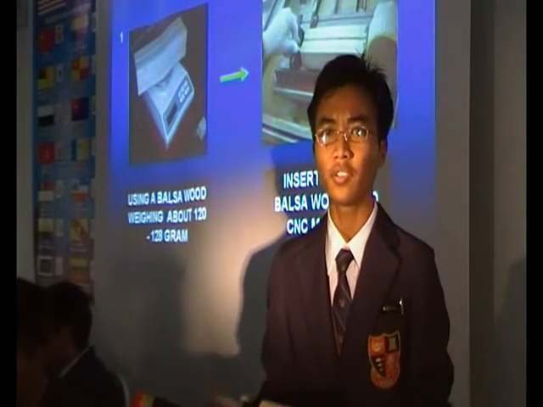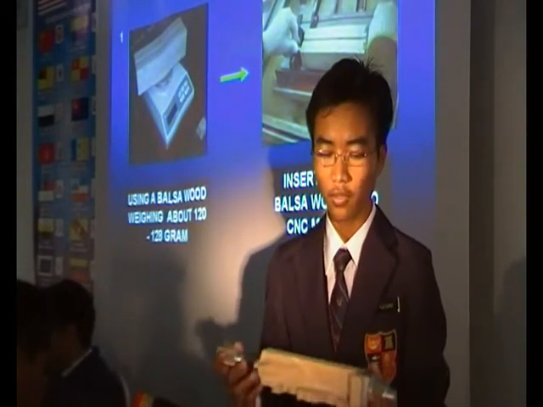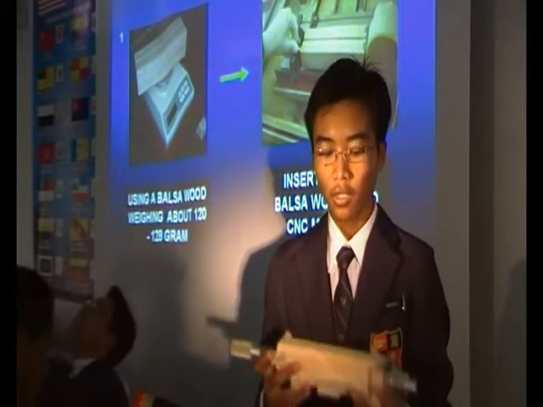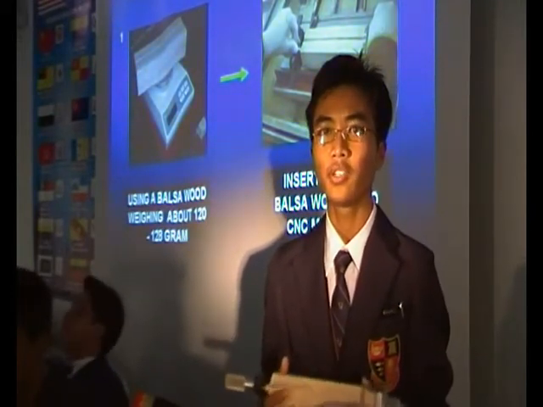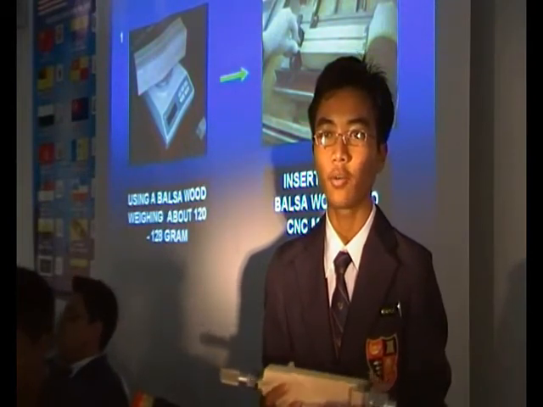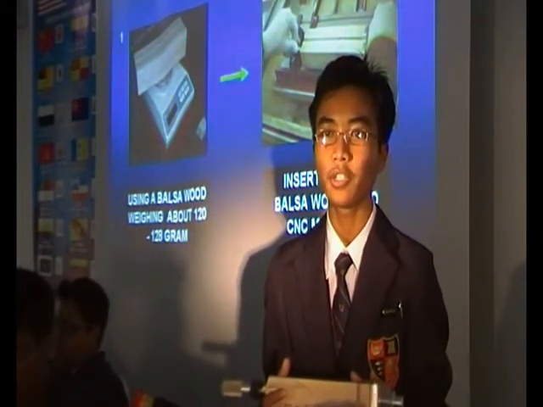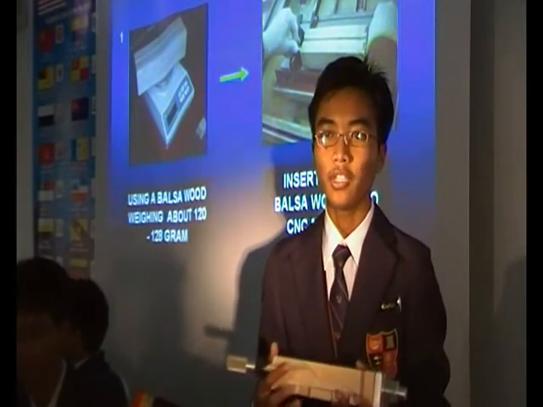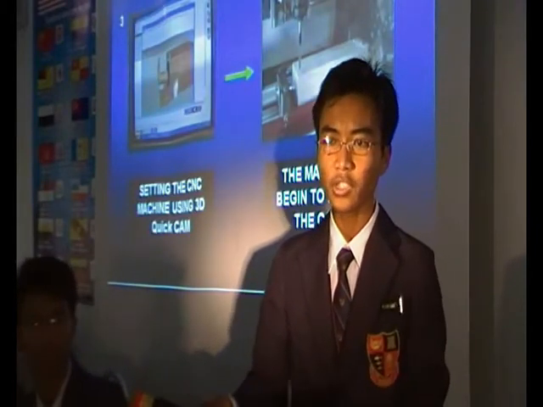The manufacturing process includes choosing balsa wood with a weight between 120 to 128 grams. The STL is used in 3D QuickCam to set up the x-axis of which part of the balsa wood to be cut first.